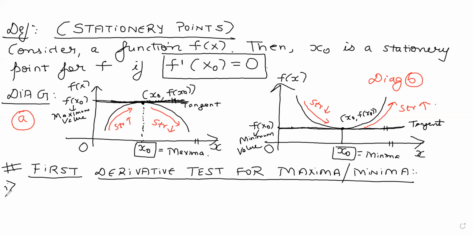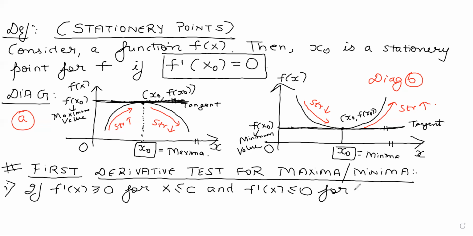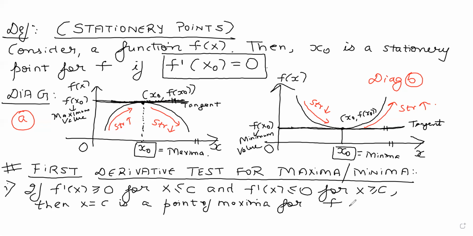The first point: if my function is an increasing function for x to the left of c and the function becomes a decreasing function to the right of x equal to c, then we say that x equal to c is a point of maxima. It is a point of maxima for the function f.